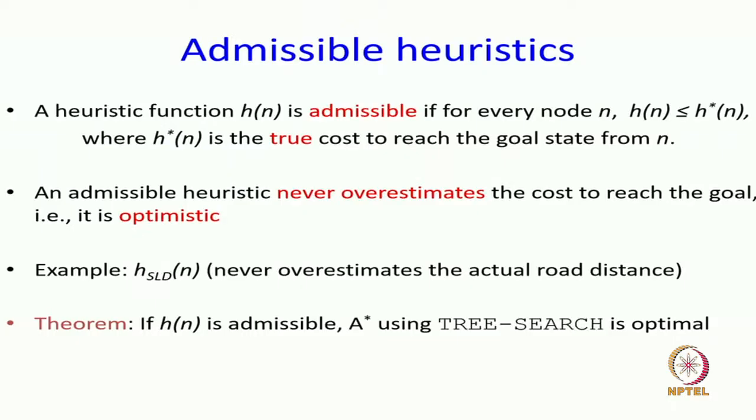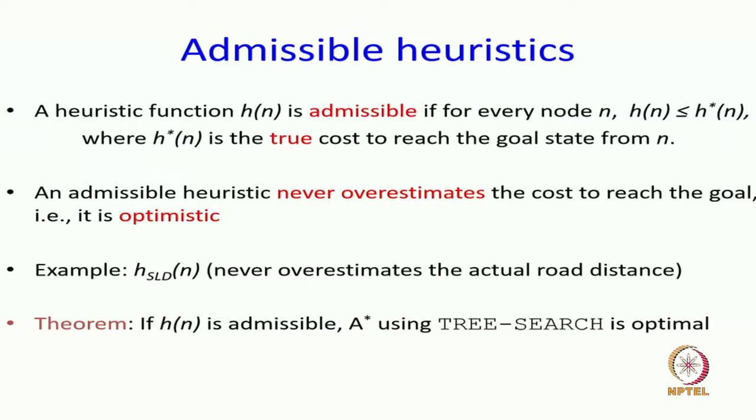But because we are in the minimization setting, a heuristic function H(n) is admissible if for every node n, H(n) is less than or equal to the optimal true cost to reach a goal state from n. That is, an admissible heuristic never overestimates the cost to reach a goal, i.e., it is optimistic.